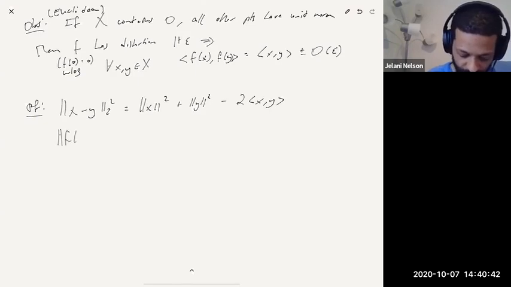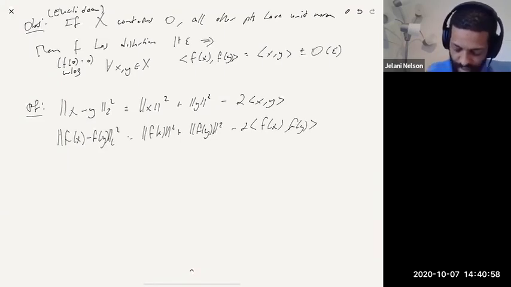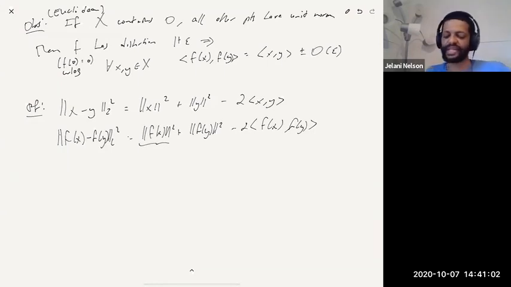Meanwhile, if I look at f of x minus f of y, L2 norm squared, that's equal to f of x squared plus f of y squared minus twice the dot product of f of x and f of y. Because x contains 0 and f has low distortion, the distance from f of x to 0 is approximately the distance from x to 0, which is 1, because they all have unit norm.